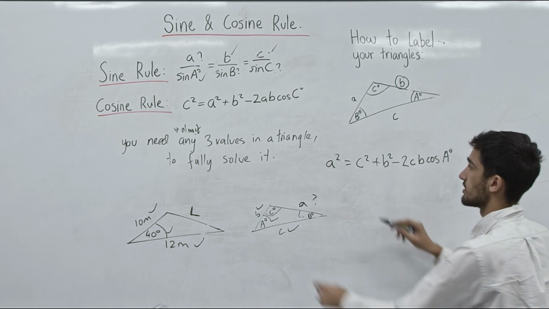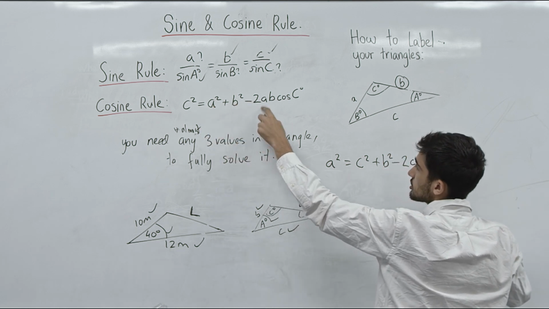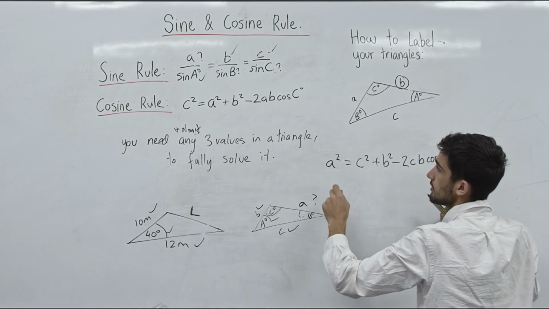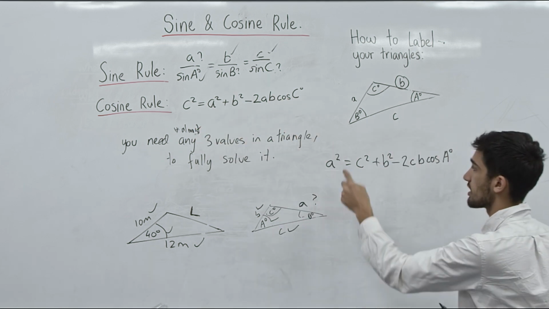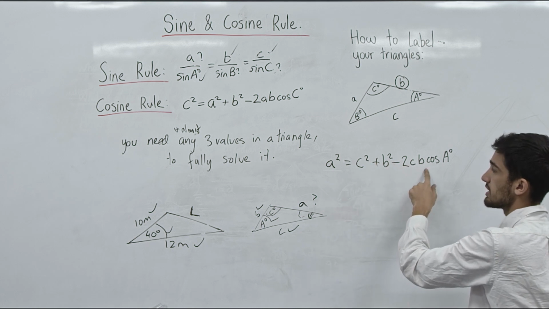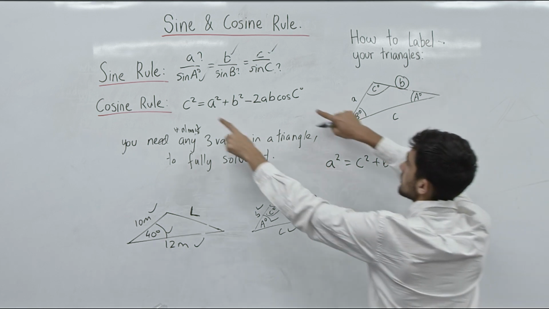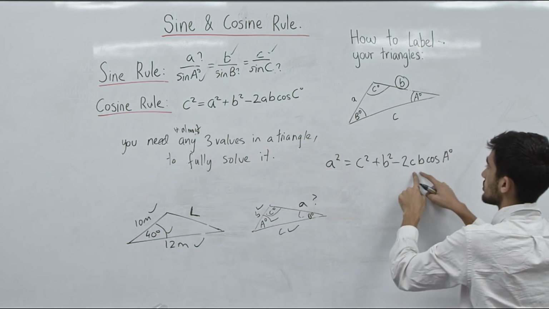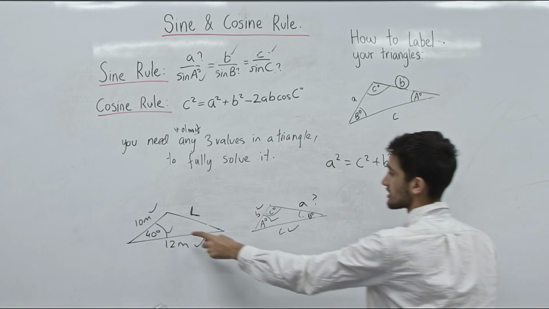And you see the similarities. C squared equals A squared plus B squared minus 2AB cos C, where this C squared and this C degrees match. In our case, we have A squared equals C squared plus B squared minus 2CB, or BC, cos A, where these two A's match, these two C's match, and you just replace all the A's with C's on this side of the equation. So that's what happens if you don't start with C.